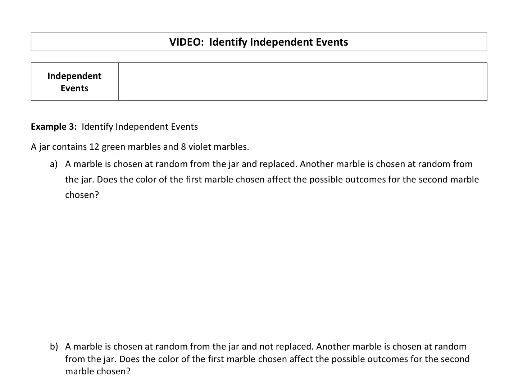So, independent events, let's put a definition in here. This is the occurrence of one event does not affect the probability of a second event.